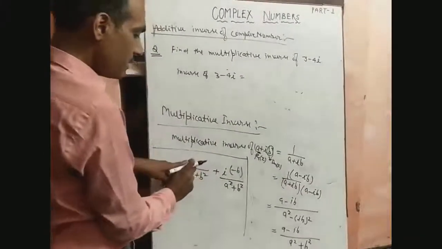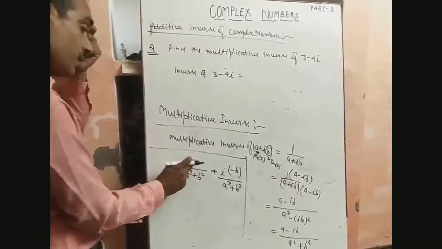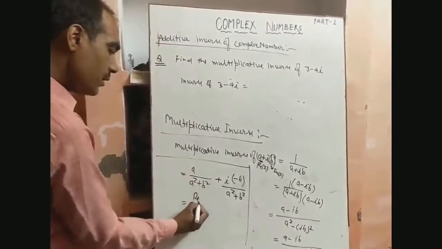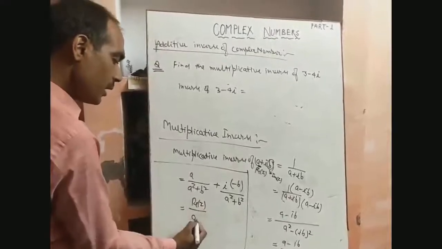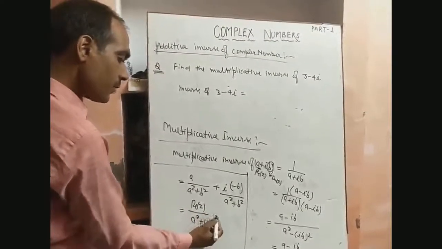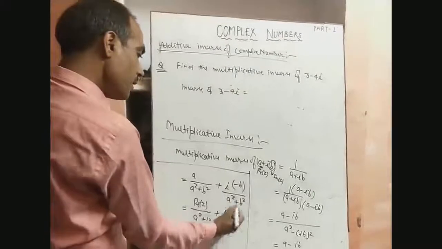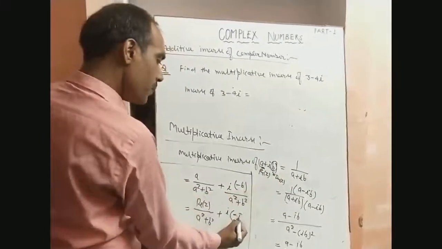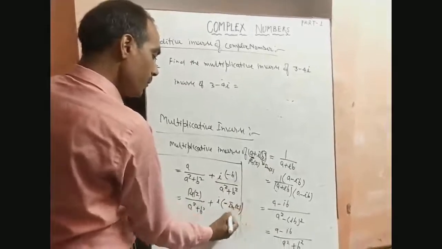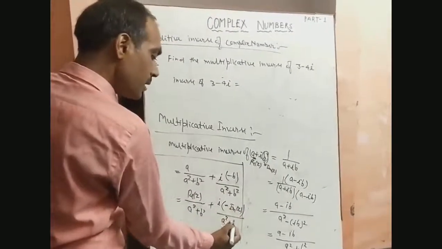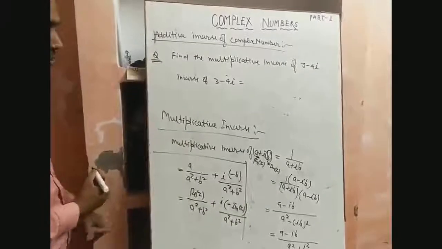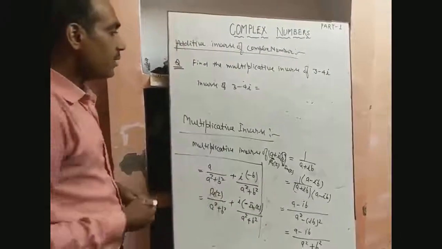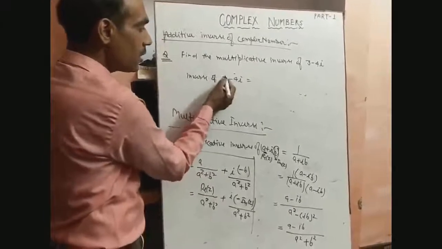Then first the real part. What is the real part? You can write it here: real part of z upon a square plus b square, plus i, what is minus b? b means the imaginary part, upon a square plus b square. You can use this formula directly. Clear? Here the real part is 3.